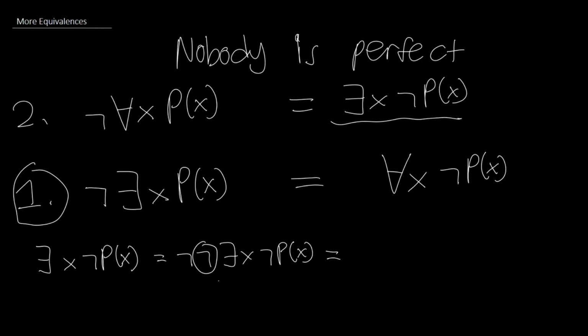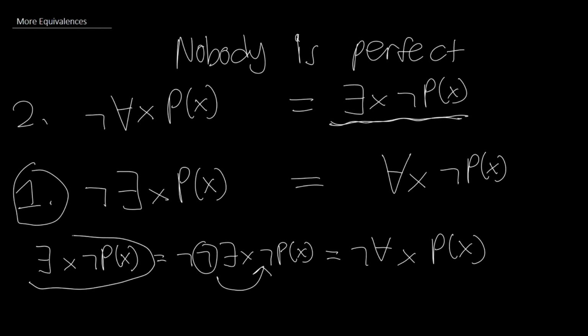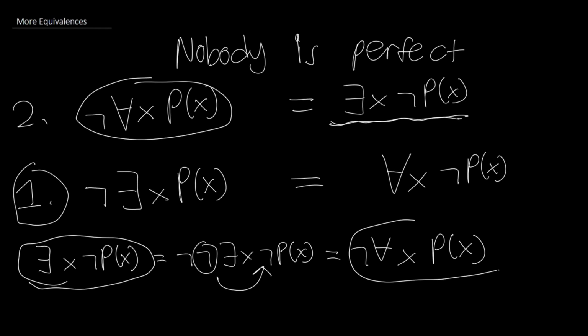The negative sign over here moves backwards, and the E converts to an A. So now we have two negative signs in front of the P X. And remember, two negative signs means that we can cancel them out. So in other words, we just have P X by itself. And there we have it. The thing on the right side over here is equivalent to the thing on the left side. Therefore, we have proven statement number two.